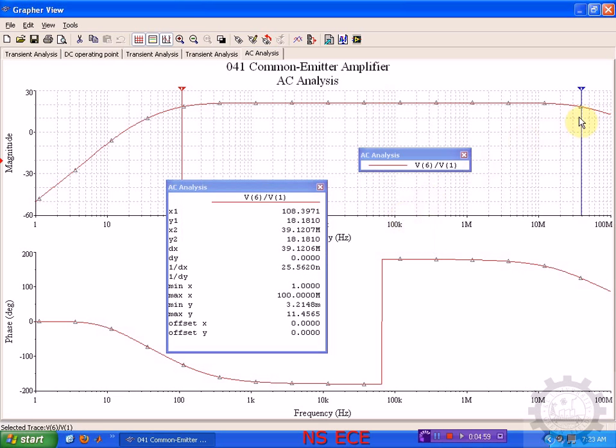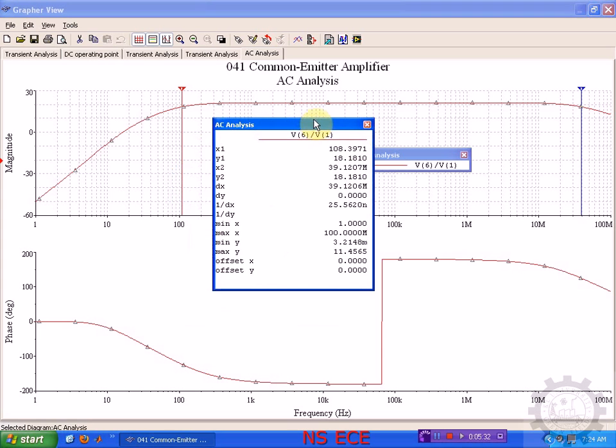Here the upper cutoff frequency is 39.1207 megahertz, whereas the lower cutoff frequency is 108.39 hertz. The bandwidth of this amplifier is F2 minus F1, that is the upper cutoff frequency minus the lower cutoff frequency. Therefore, it is simply 39 megahertz.